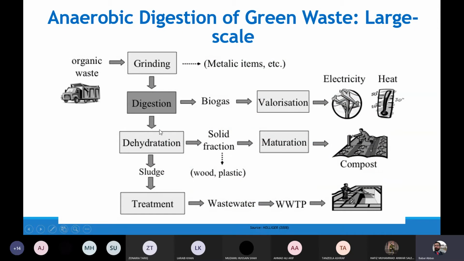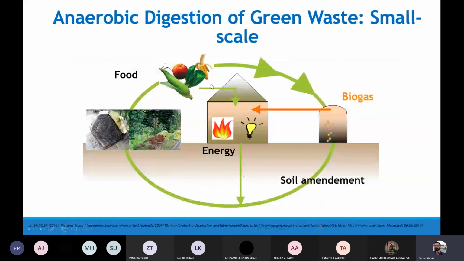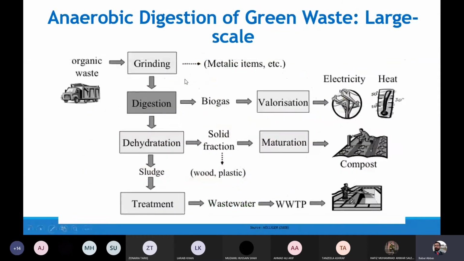And you can see that all these processes involve many stages. Here we have the solid waste generated from the household, and at the larger scale we have organic waste from community waste management systems. It is ground, then sent to the digester where it is digested, and after digestion it produces biogas and the slurry.